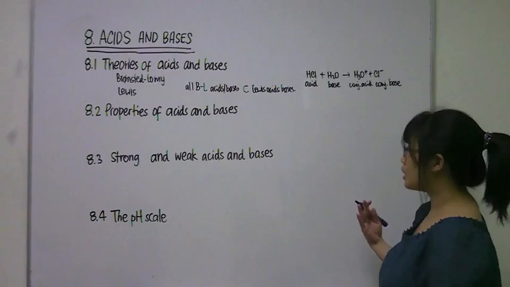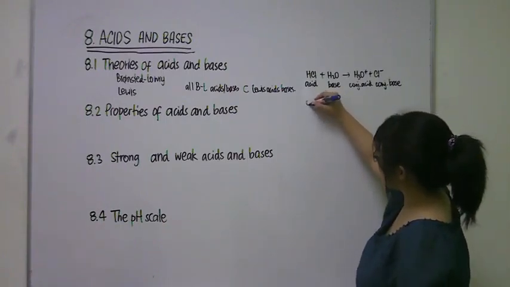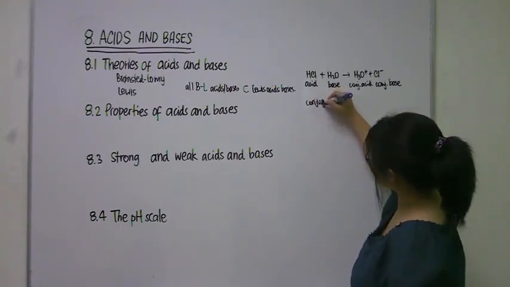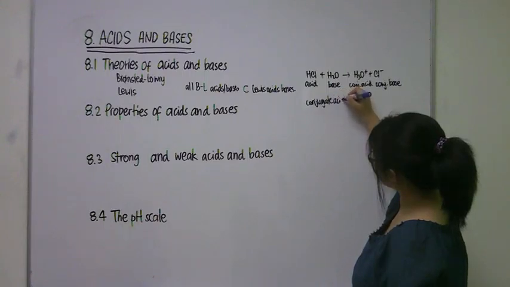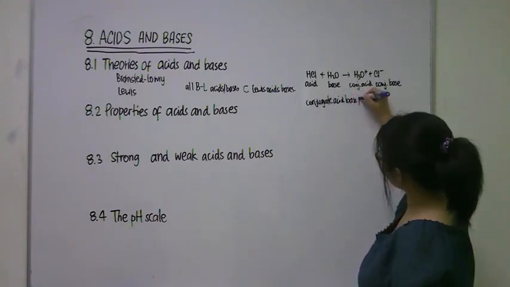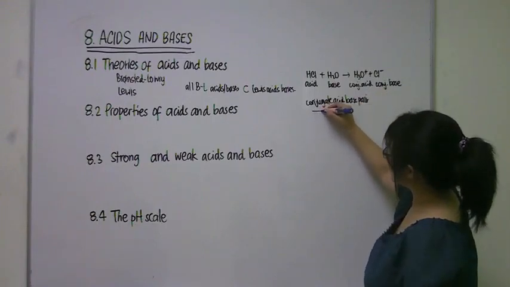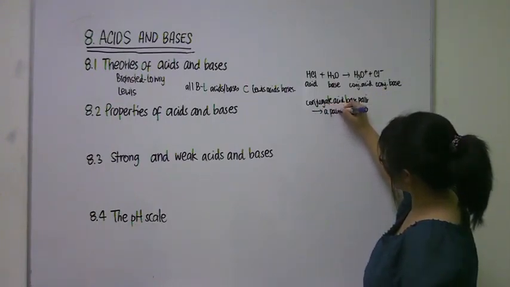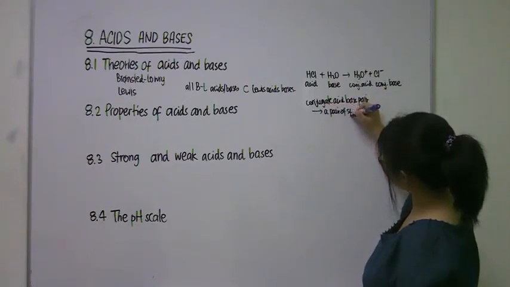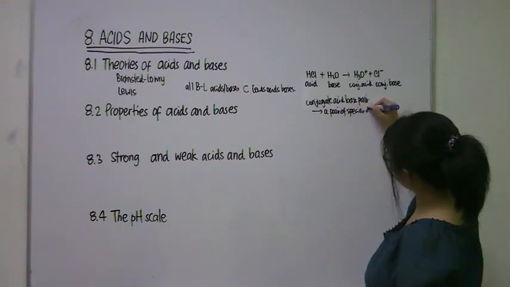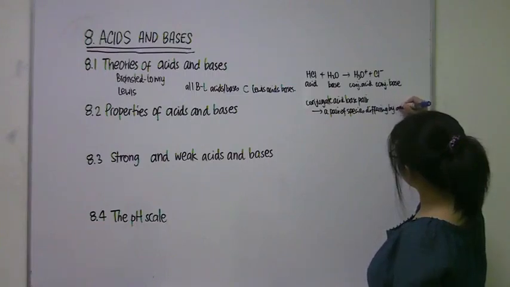Okay, if you are asked to define a conjugate acid-base pair, okay, this refers to a pair of species differing by H plus.